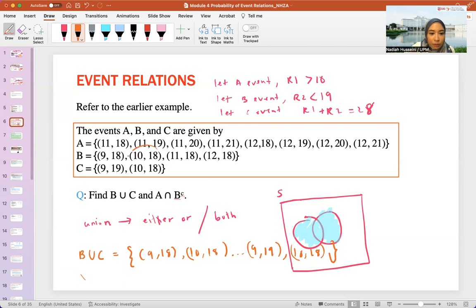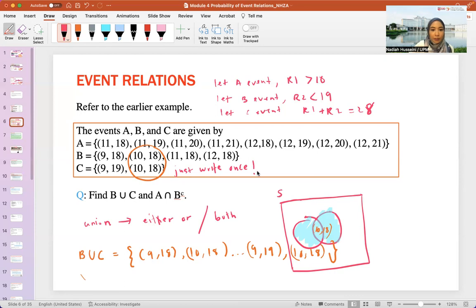As you can see, we have two outcomes that are similar in both B and C. If we look at this Venn diagram, that 10, 18 would be located in the middle. So you just write it, but you don't have to write it twice, just once.